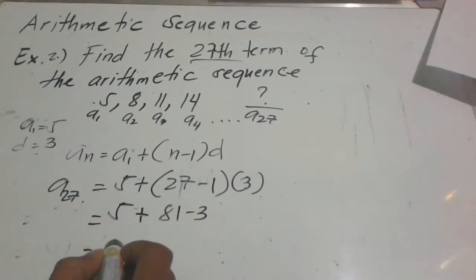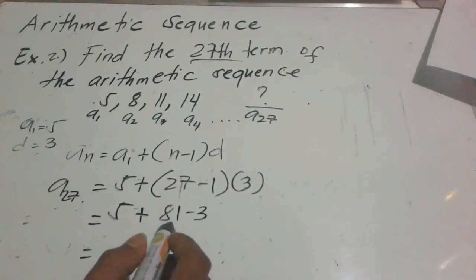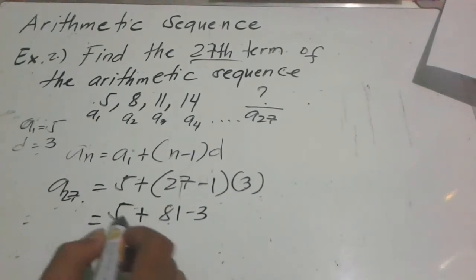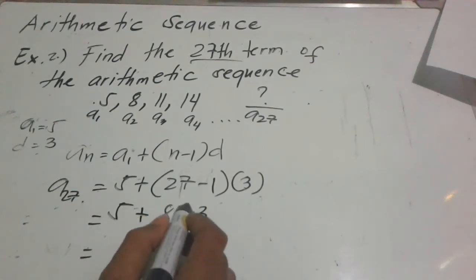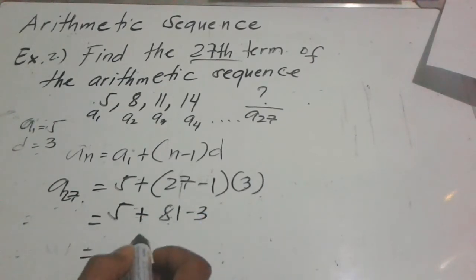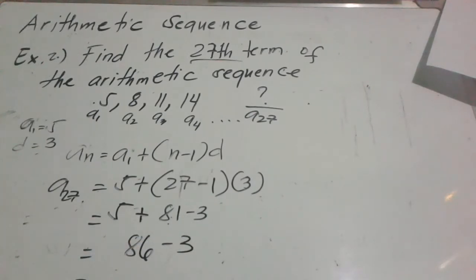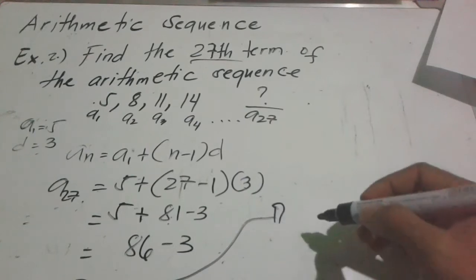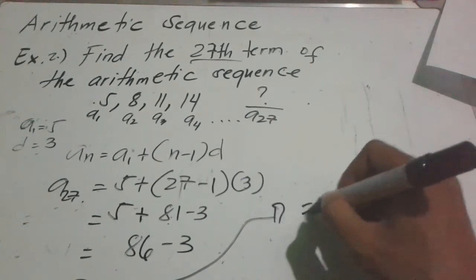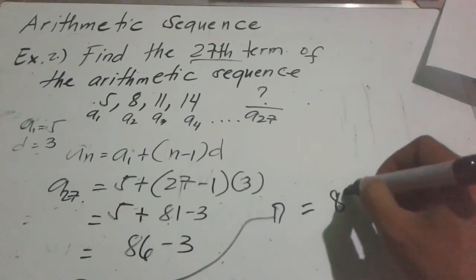Next, pwede natin unahin muna itong 81. 81 plus 5, pwede rin. So, 5 plus 81 is 86. Bring down negative 3. Next, 86 minus 3 is 83.